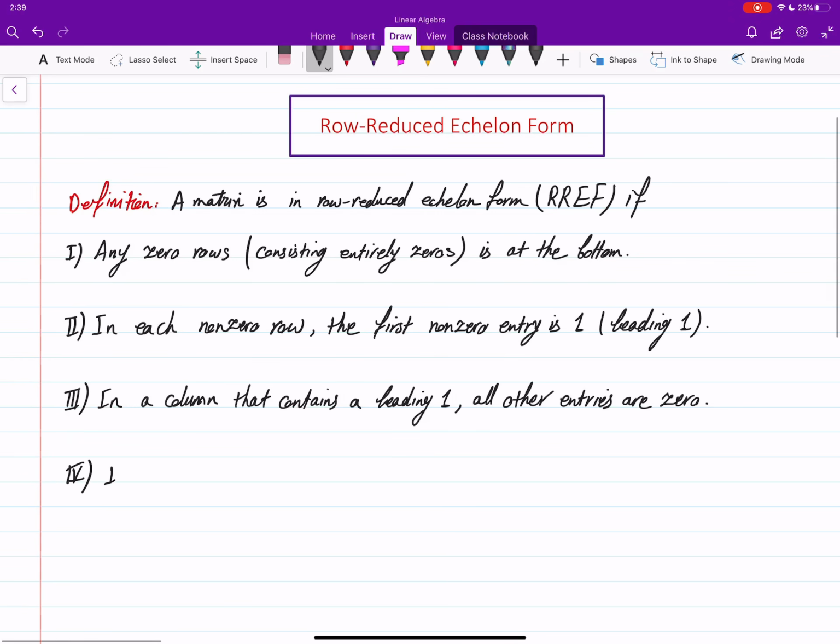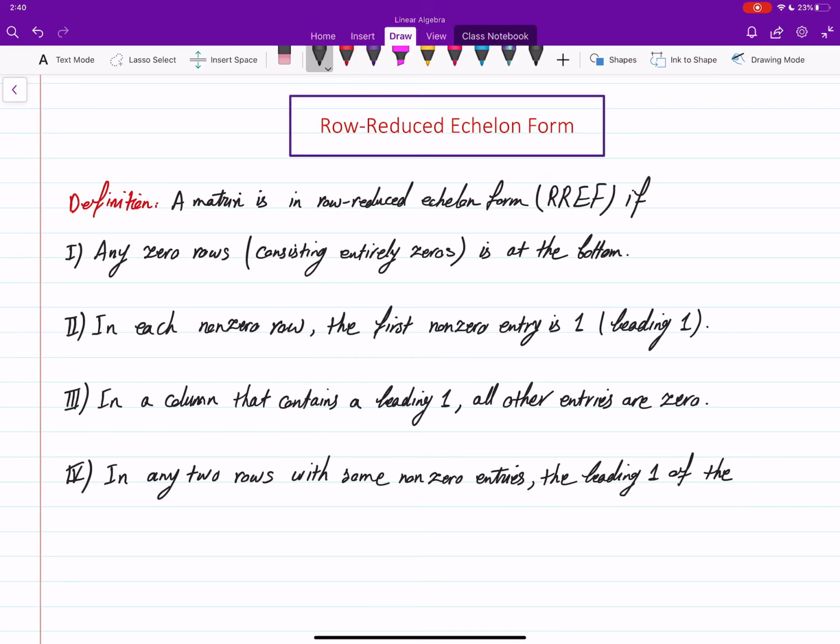In any 2 rows with some non-zero entries, so they have leading ones, basically the leading one of the higher row is farther to the left.